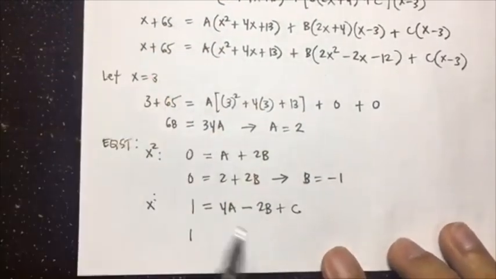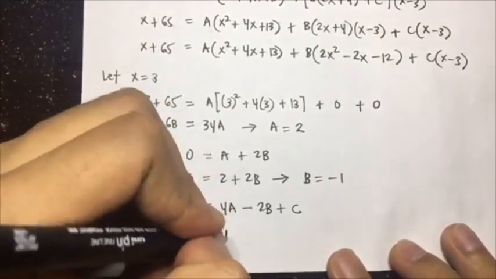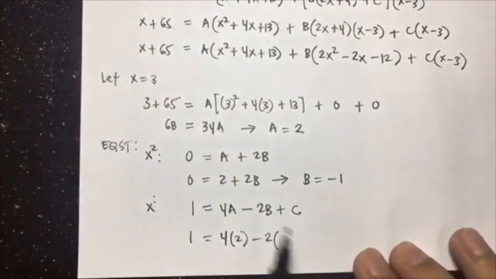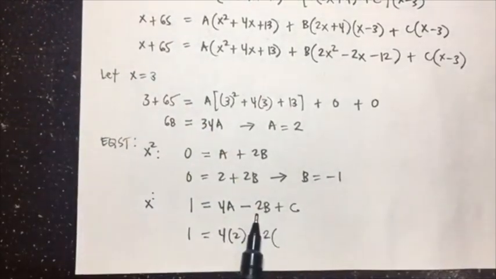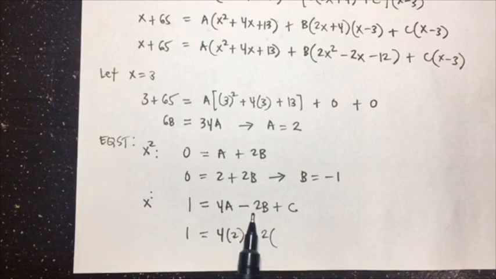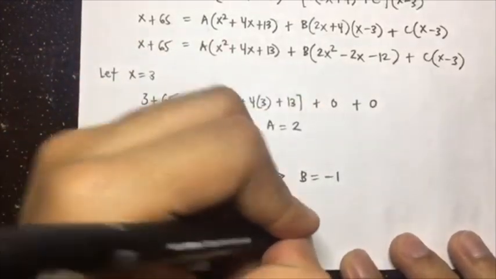Substituting values for a and b, 1 is equal to 4 times a, which is 2, minus 2 times b. B is negative 1, plus c.